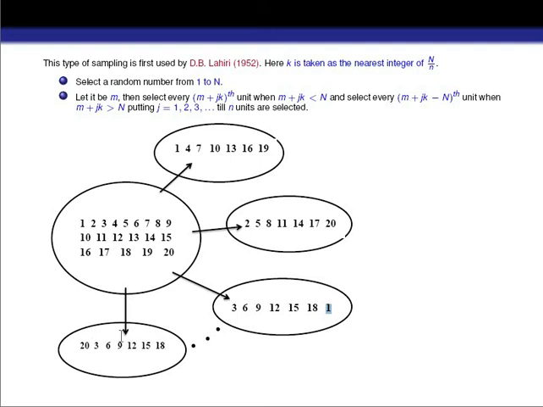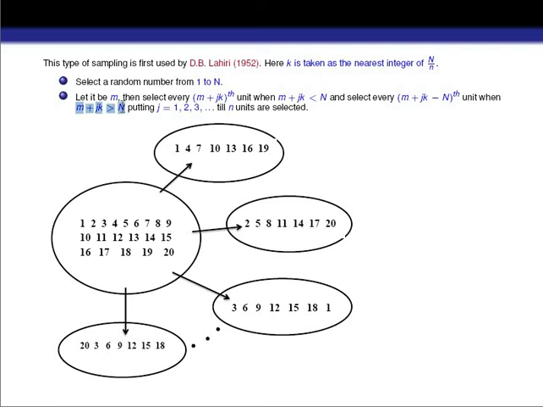That means if we select the random number 20 for our first observation, then what will happen? Our first unit will be 20. So what will be our second unit? If we add the sampling interval to our first unit, we get 23, that means 20 plus 3 is equal to 23.